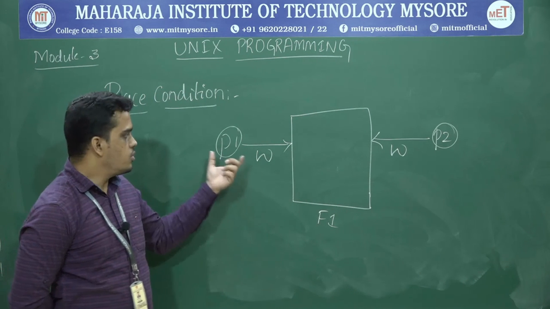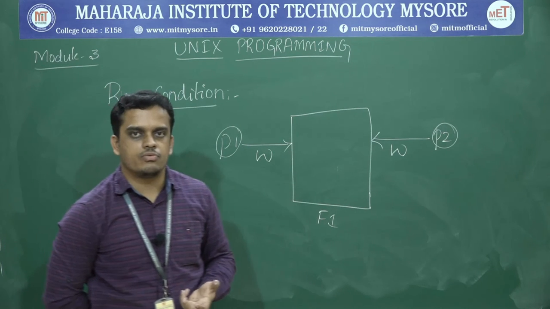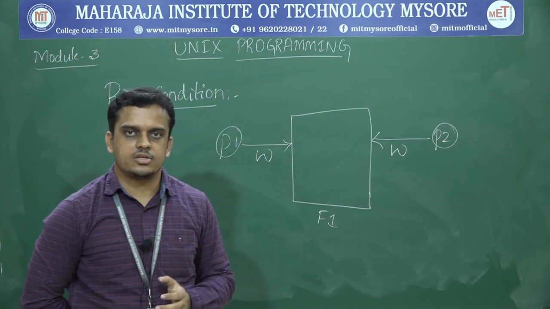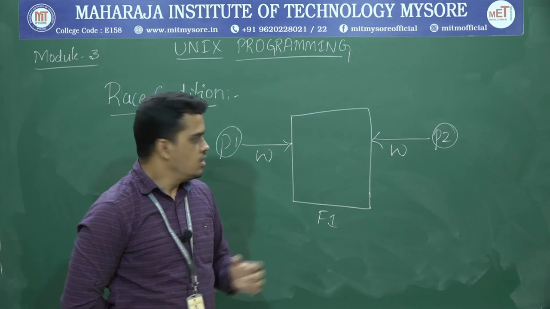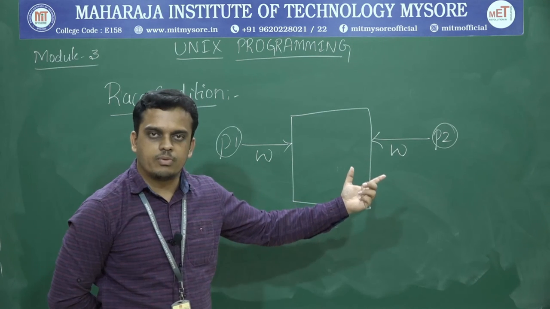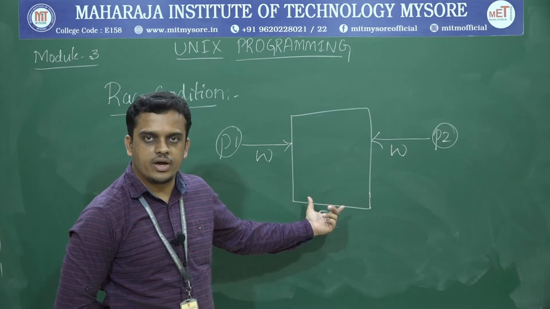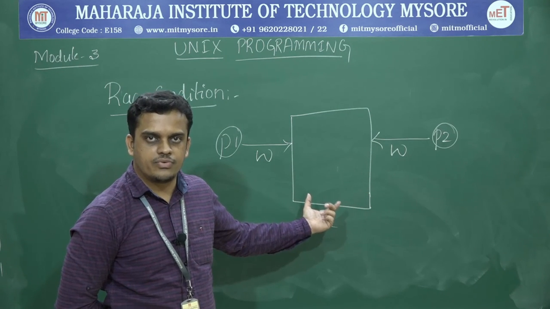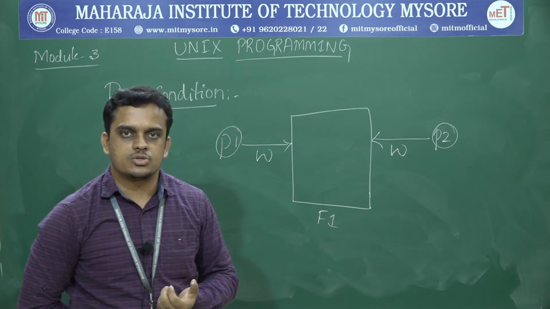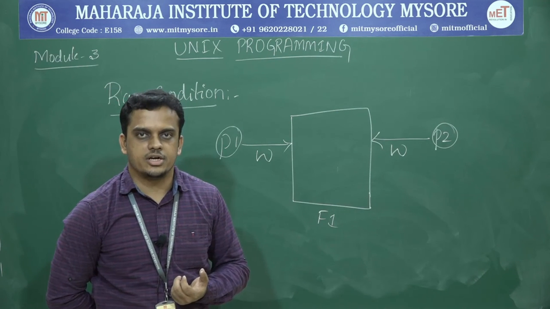Write mode in the sense that both P1 and P2 are trying to write some information to this file F1. So at that instance, what exactly happens? A race condition is a state in which two or more processes are trying to do some operation on the same common shared file. At that instance, the order in which the data is stored will differ. That is the case with a race condition.